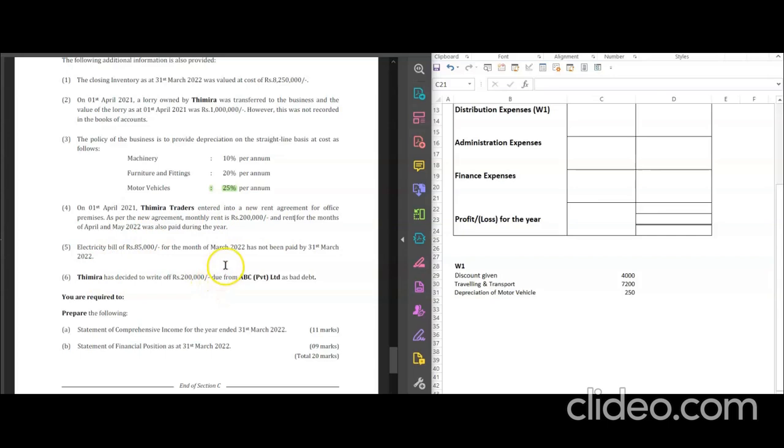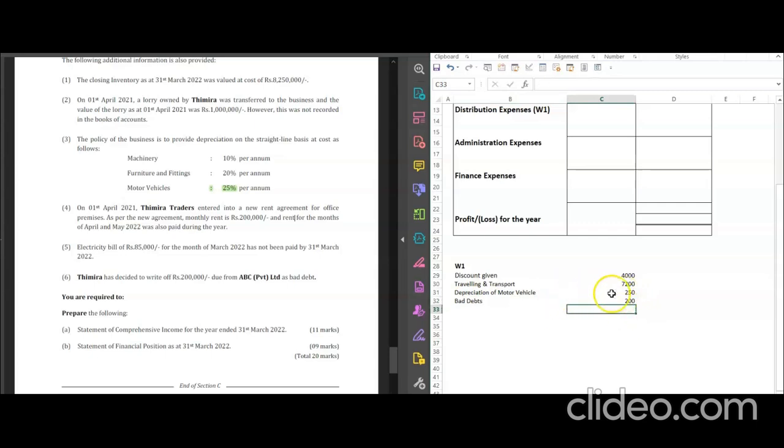In this case, ABC Private Limited is a customer, and Timira has decided to write off this 200,000 rupees. So we call it bad debts. So the bad debts is 200,000.